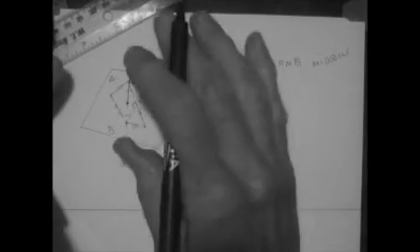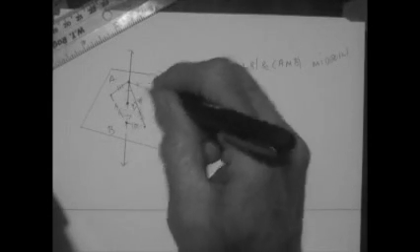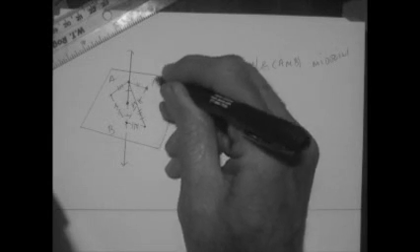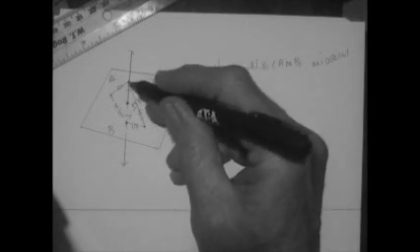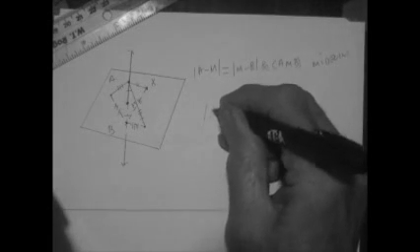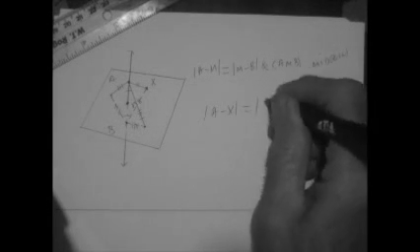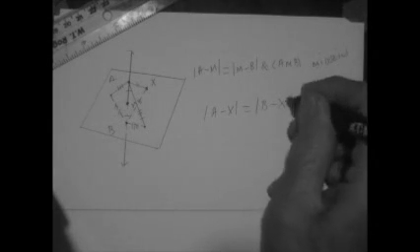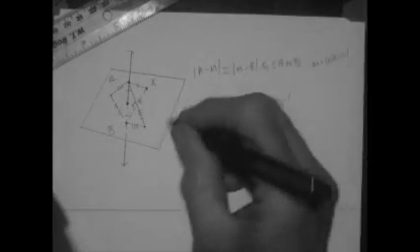This sheet of paper is infinite in size, and for any point that I have picked out here, let's say, for example, point X, the distance from A to X is going to equal the distance from B to X for any of those points. And this goes on forever in all possible directions.